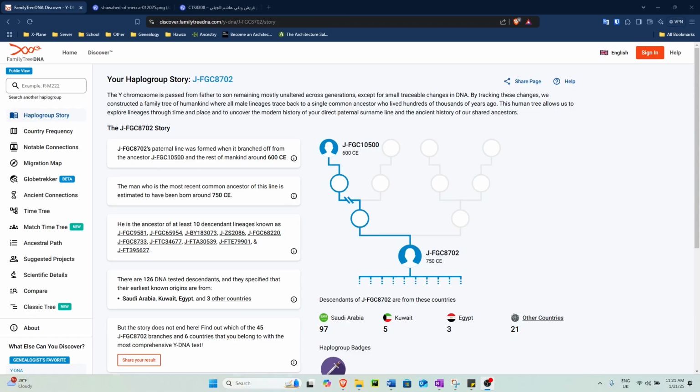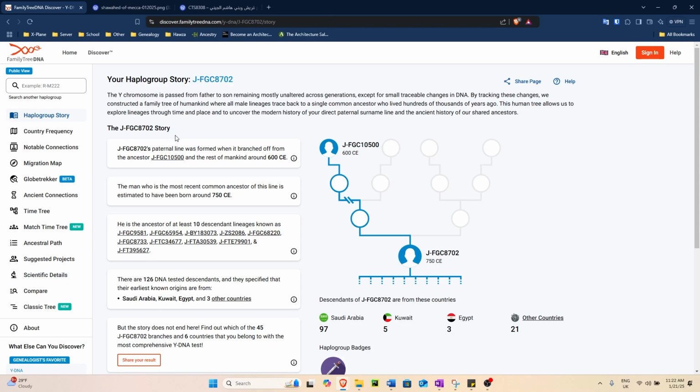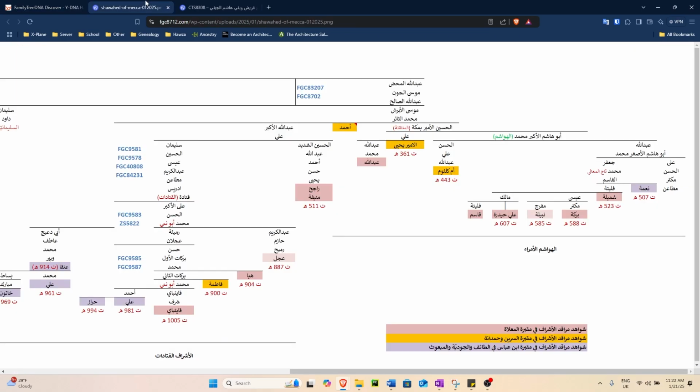We shall now take a look at the FGC 8702 mutation, which belongs to another Hassani line. Of course, above it are the A31773 SNPs and the A31774 belonging to Imam Hassan and Hassan al-Muthanna. And this mutation, or haplogroup we shall say, has 2 mutations below it. And it is predicted that 3 men belong to it, which we can see in this chart made by Dr. Hadi.